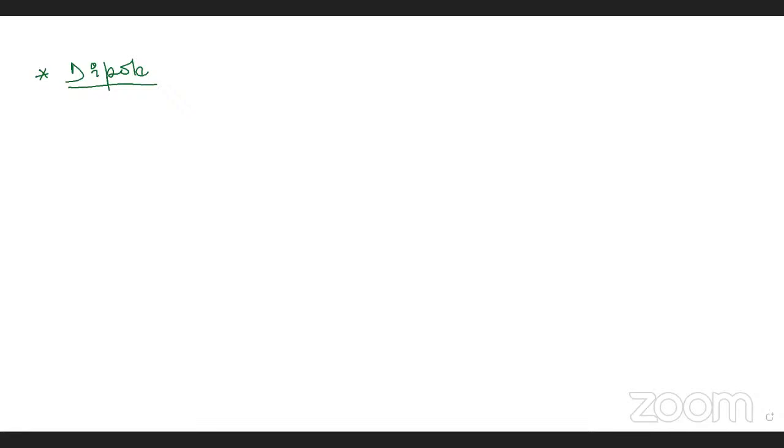The direction of the dipole is, by convention, from minus Q to plus Q. Remember this, and we denote it with the symbol p vector.